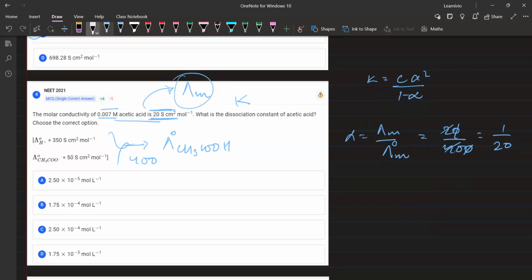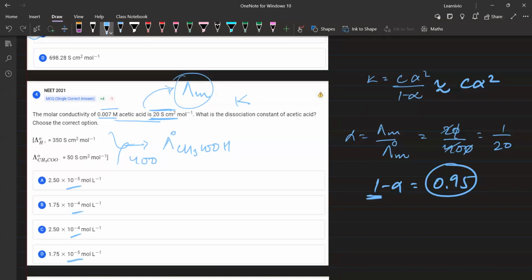You can even take this approximately equal to C alpha square, because 1 minus alpha is coming as 0.95. So it is very similar to the value that is 1. Even from C alpha square, your answer comes approximately. We are having vast difference here, no? Minus 5, minus 4, and 5 here. Right.